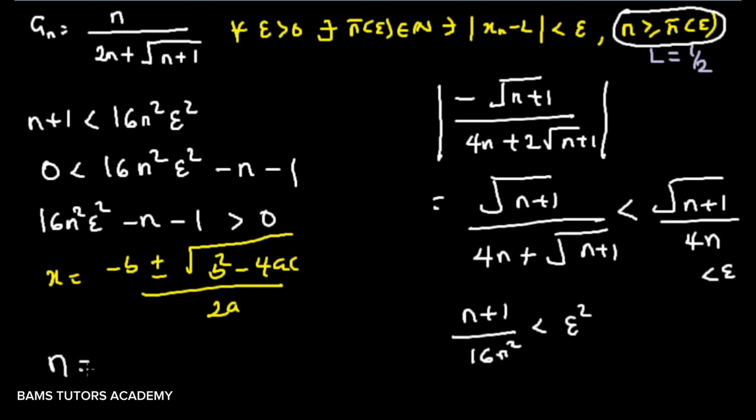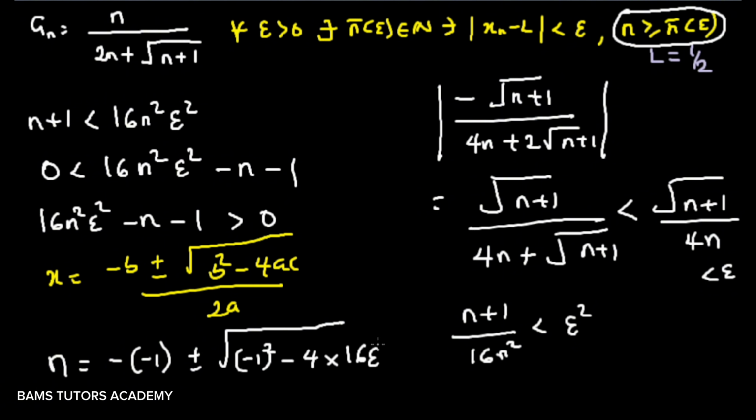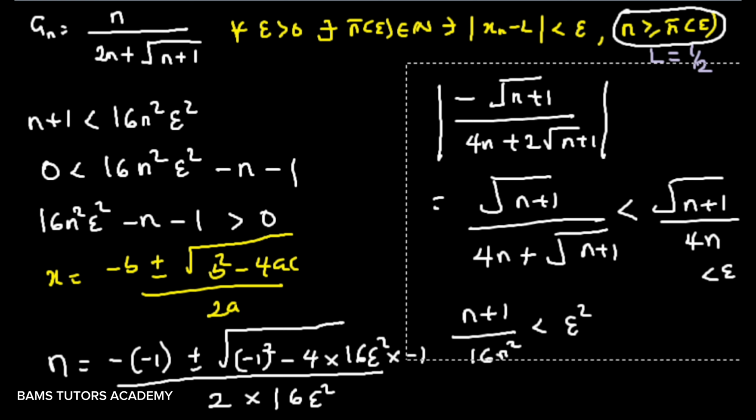My b in this case is minus 1, so minus b plus or minus the square root of b squared, that is minus 1 squared, minus 4 times a, where my a is 16 epsilon squared, times c which is minus 1, over 2a, that is 2 times 16 epsilon squared.